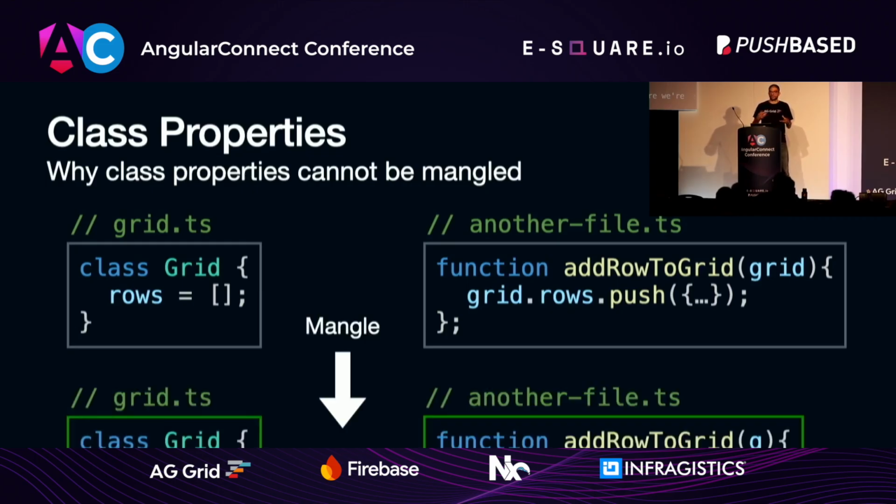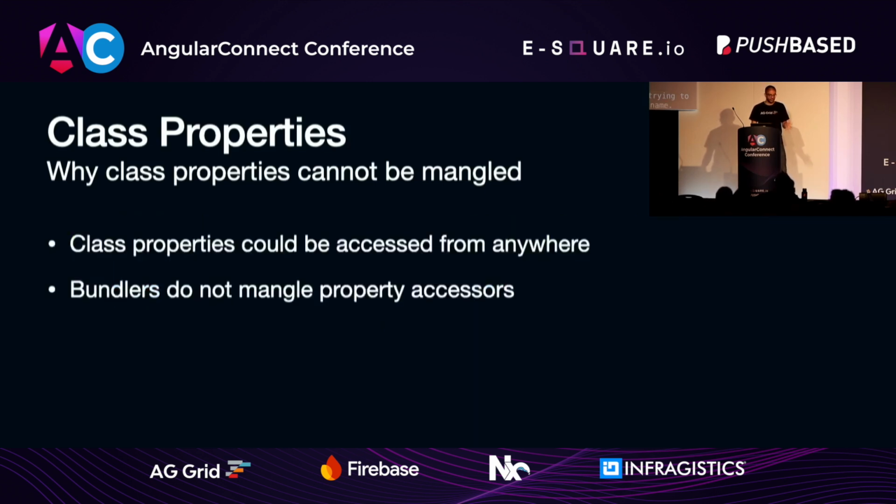If the bundler then mangled the property rows down to R, if it wasn't able to find every single place that property is used, then the mangling process would break our code, because then it would be trying to access that property via a different name. So they can't be mangled, and so the bundlers don't mangle it. And so if you've got all these names in there, it's an opportunity for minification to be better.